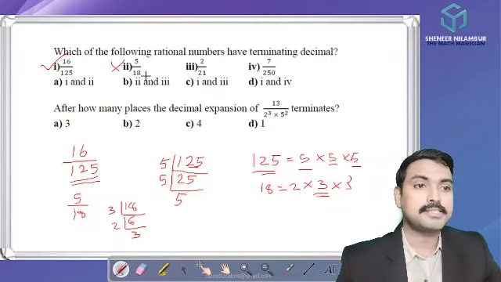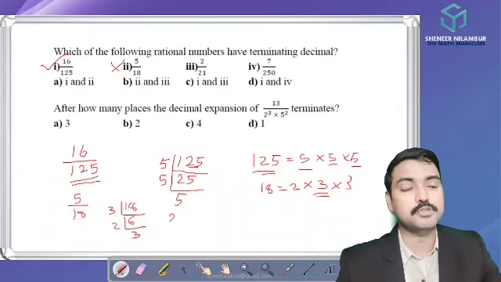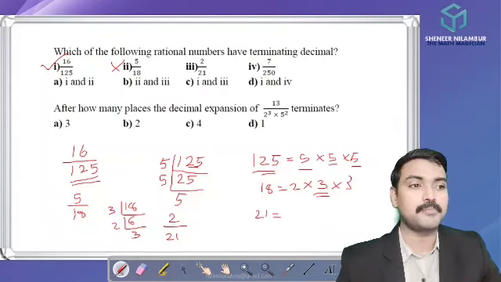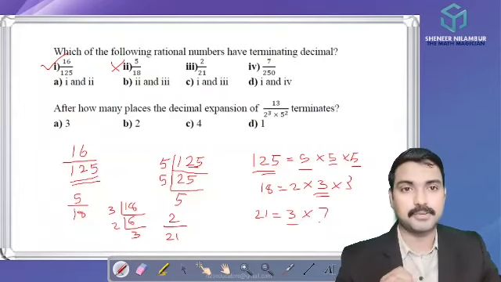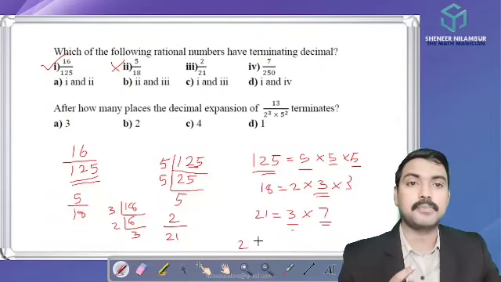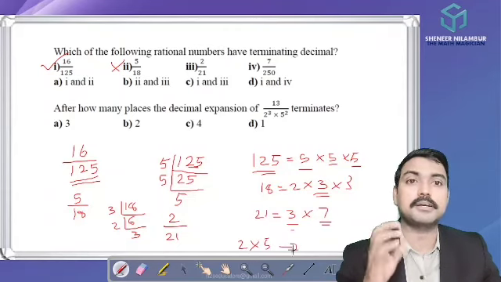Next, the third one, 2 by 21. The denominator is 21. When we factorize this 21, we get 3 into 7. So what are the factors of the denominator 21? 3 and 7. So if any factor other than 2 and 5 is coming, that rational number's decimal expansion is non-terminating repeating.